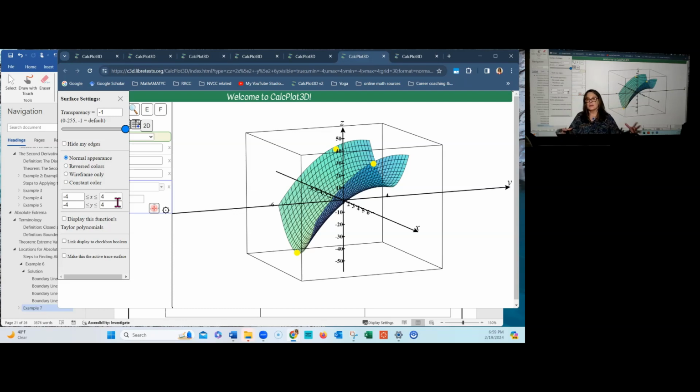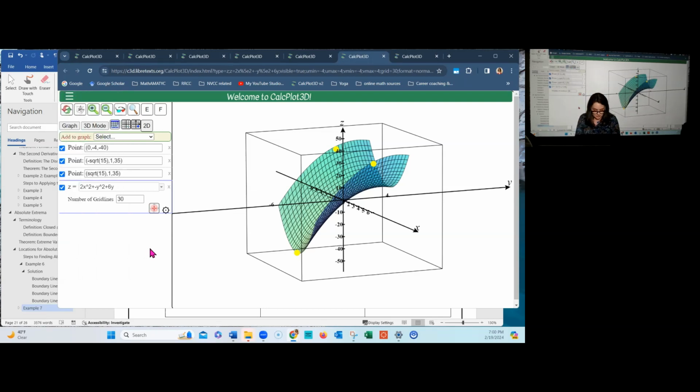Actually, it's a little bit more restricted than what I can show easily with CalcPlot 3D, because it's really supposed to be on a circle. And what this is giving me here is actually a rectangle. I'll show you in just a moment how to get the true shape of the restricted domain.